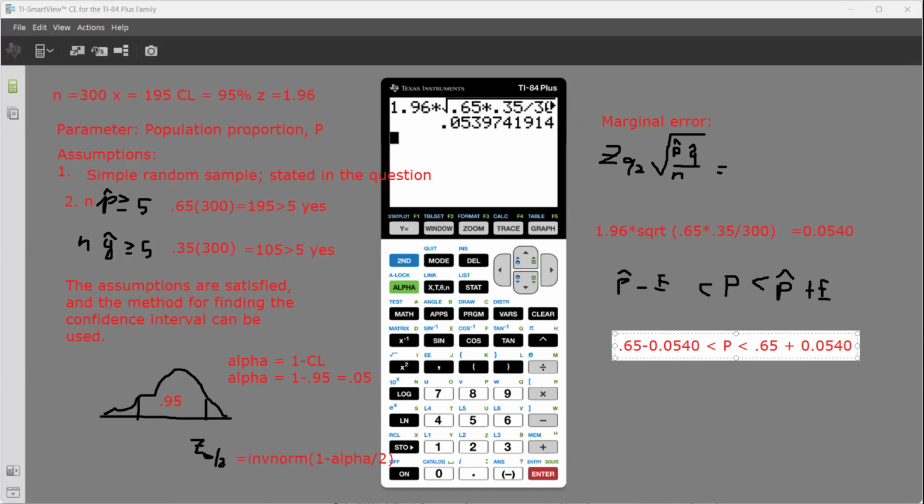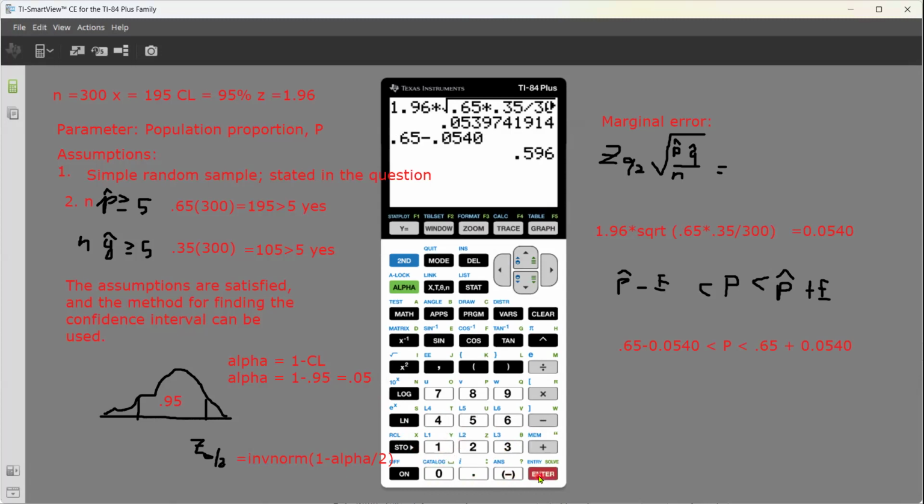Okay. So now we're just going to do the calculation. We'll say 0.65 minus 0.0540.